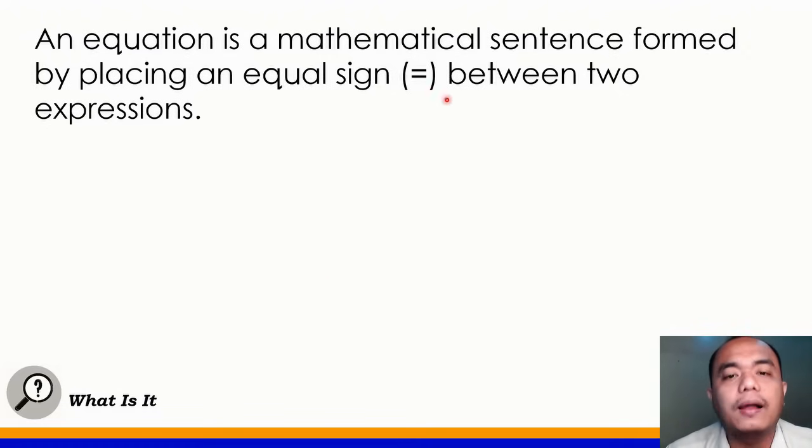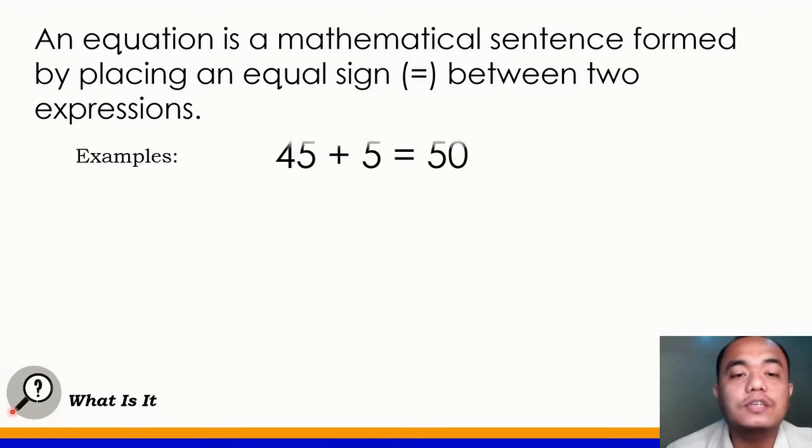So tandaan nyo lang, basta mayroong equal sign sa gitna, then that's absolutely an equation. Okay? But make sure that you evaluate first the given data if this is really equal. Kasi di man lang equal, so that cannot be an equation. So supposedly an equation should be two expressions which are equal.